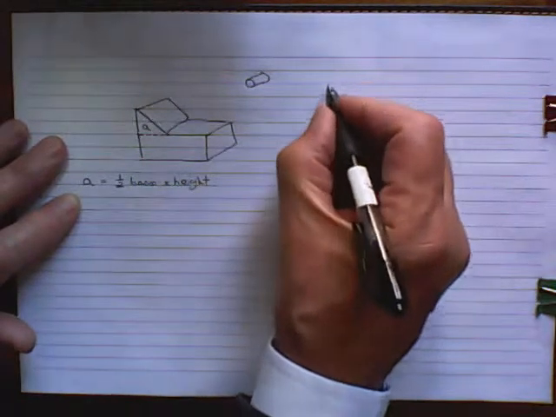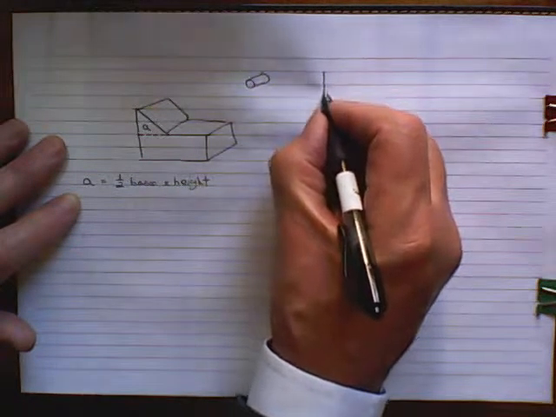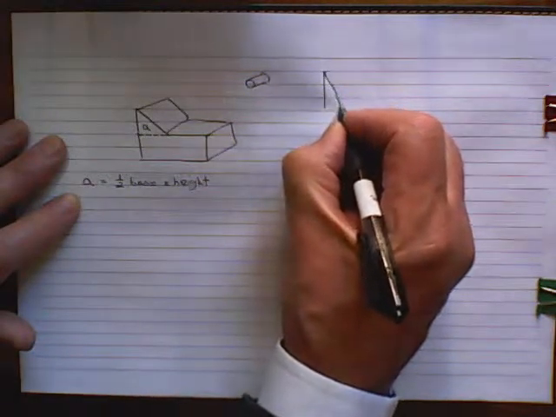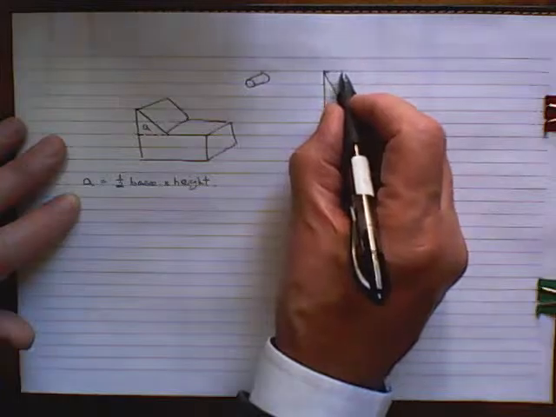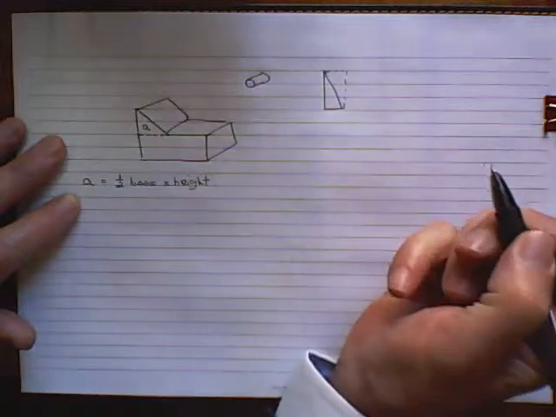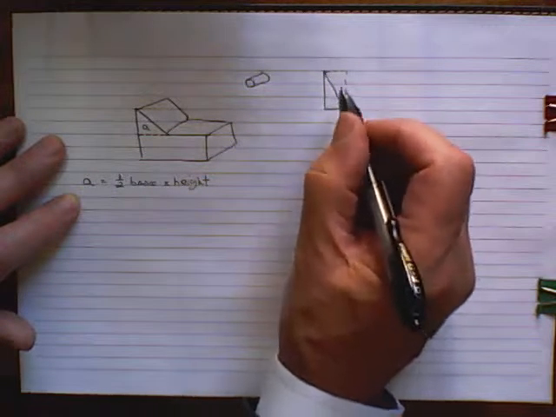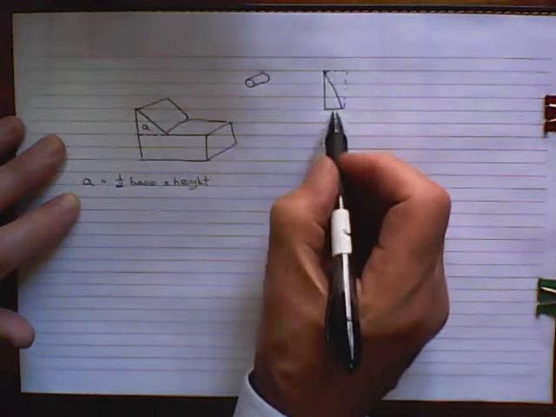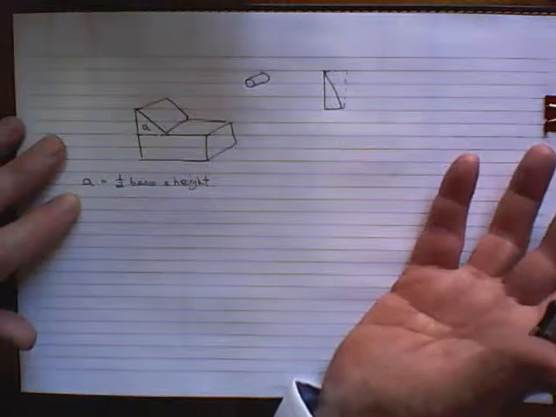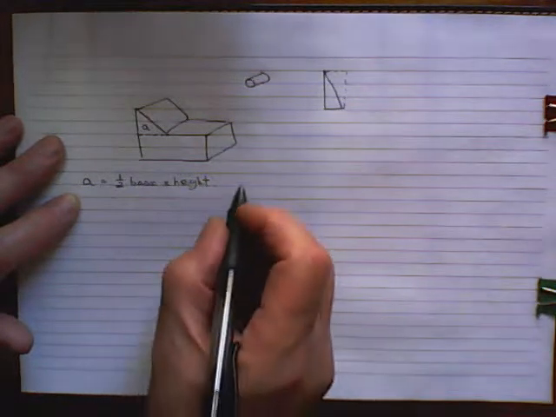Why? All triangles are half of a rectangle, even if the rectangle happens to be a square. It doesn't matter. Therefore, we have half the base times the height. We could have half the height times the base. The answer is still the same.